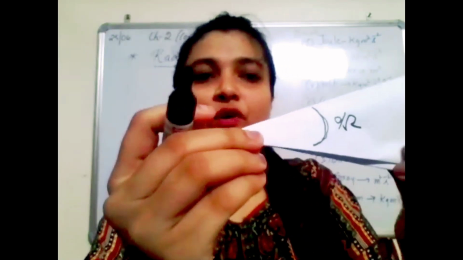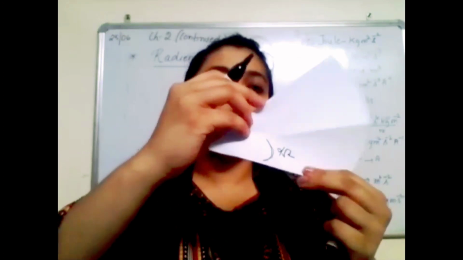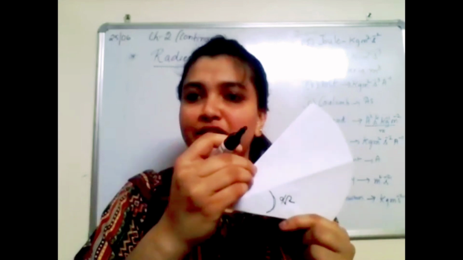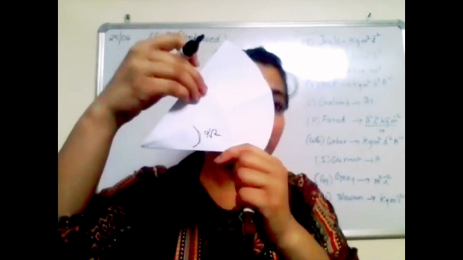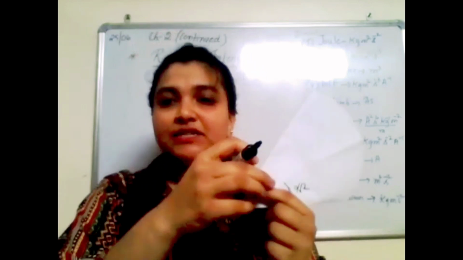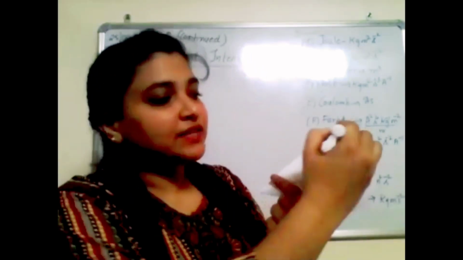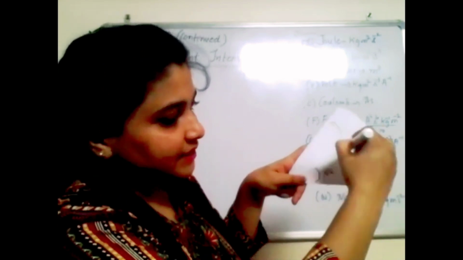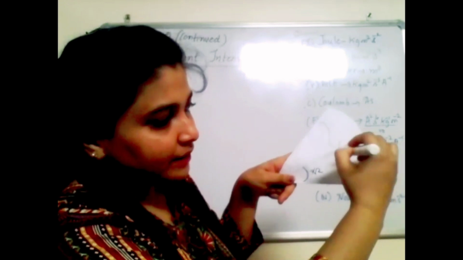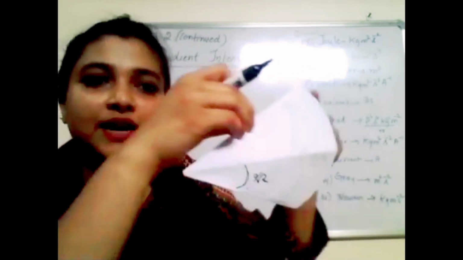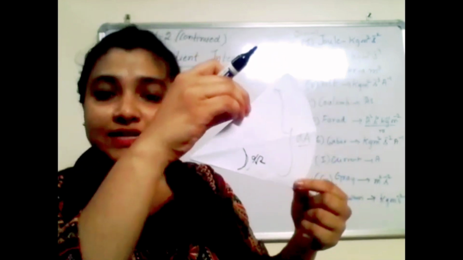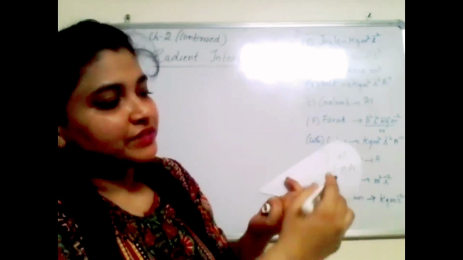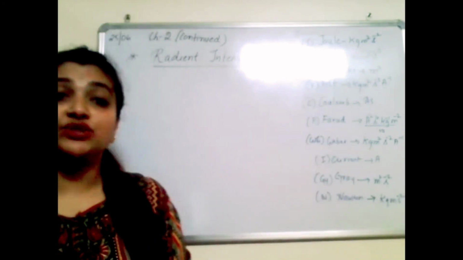Solid angle is always a three-dimensional figure, so the angle formed by a three-dimensional figure is the solid angle. This is the angle formed, this is its radius, and this entire part is its area, that is dA. We also call it d phi. So that is called a solid angle.